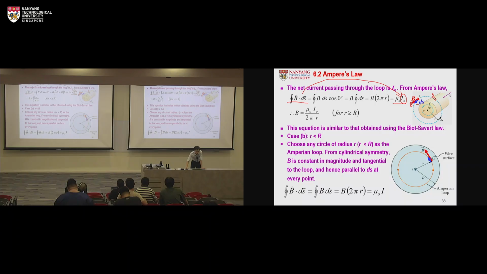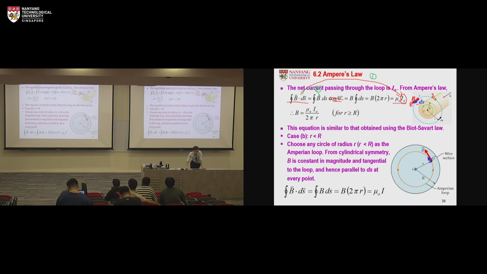That is to say, for any point, it's always cosine 0, that is 1, right? If you label this as step 1, then this is step 2.